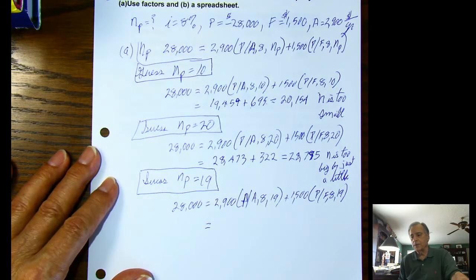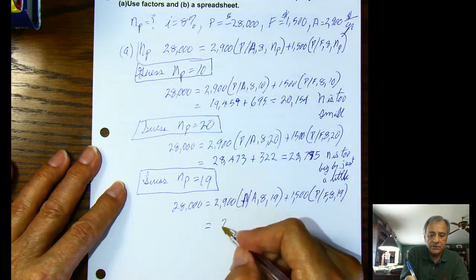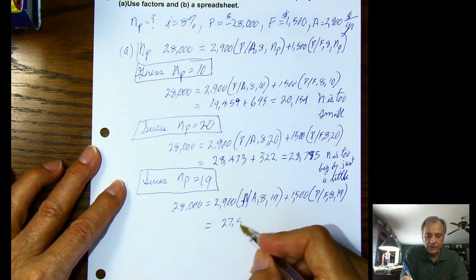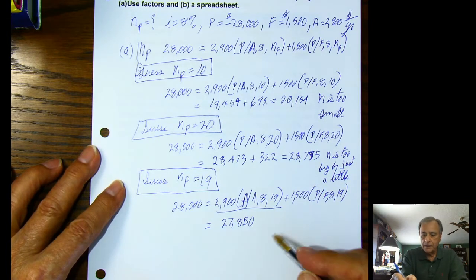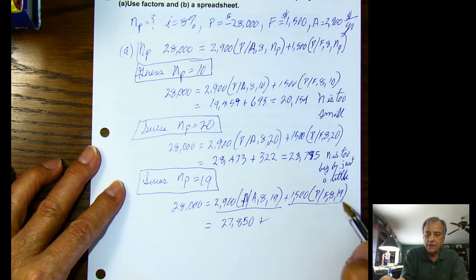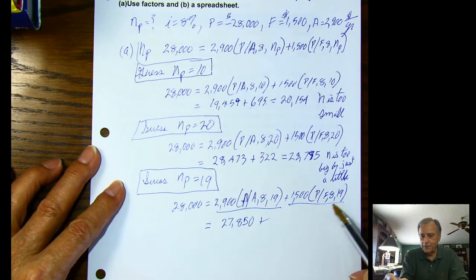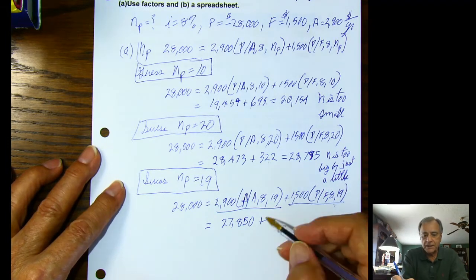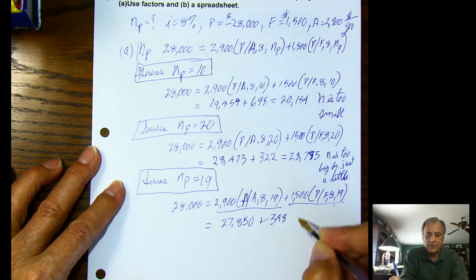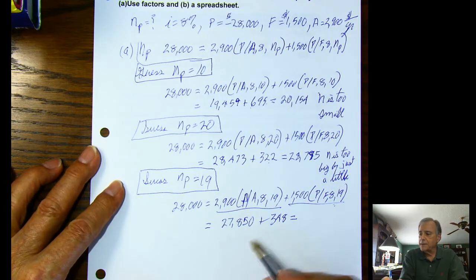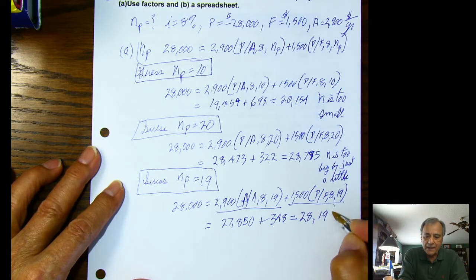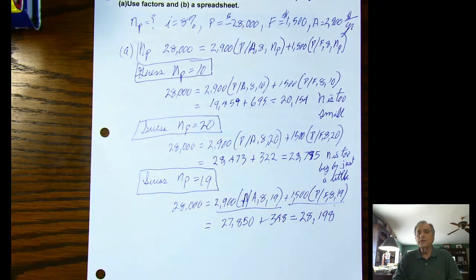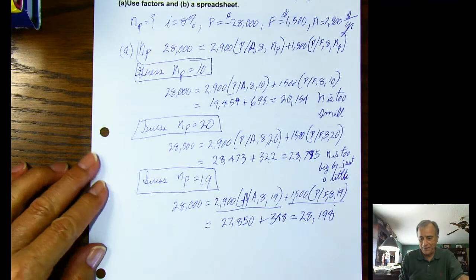And I crank through that, I get 27,850 for this quantity. And then this quantity here is going to be a little bit bigger than that, right? So it turns out to be $348. And when I add these two together, I get 28,198, which is still a little bit too big, but I'm going to declare 19 close enough.